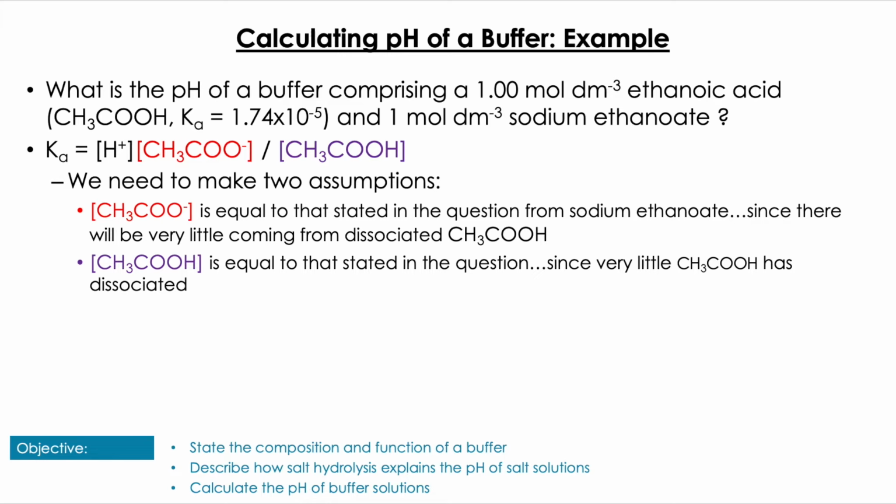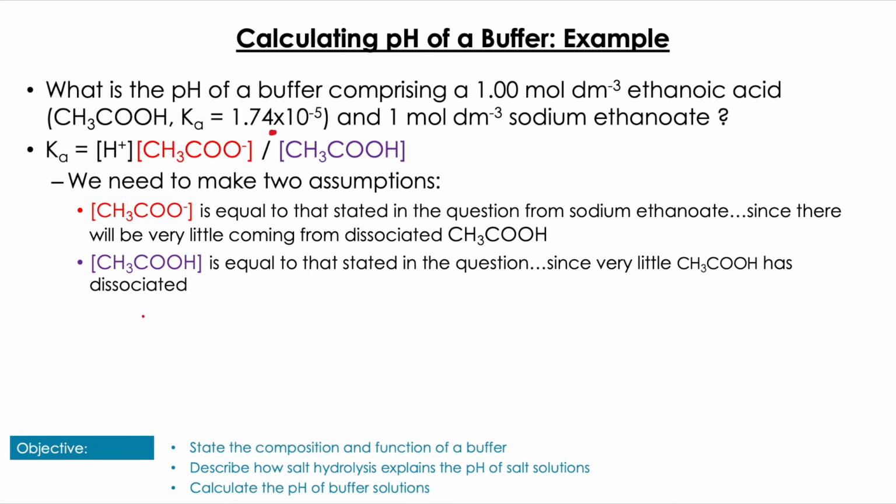Because of the very low level of dissociation of the ethanoic acid, we're going to assume that all of the conjugate comes from the added salt. And we're also going to assume that the ethanoic acid concentration itself is equal to that stated in the question. So let's have a look at what this looks like when we calculate it.